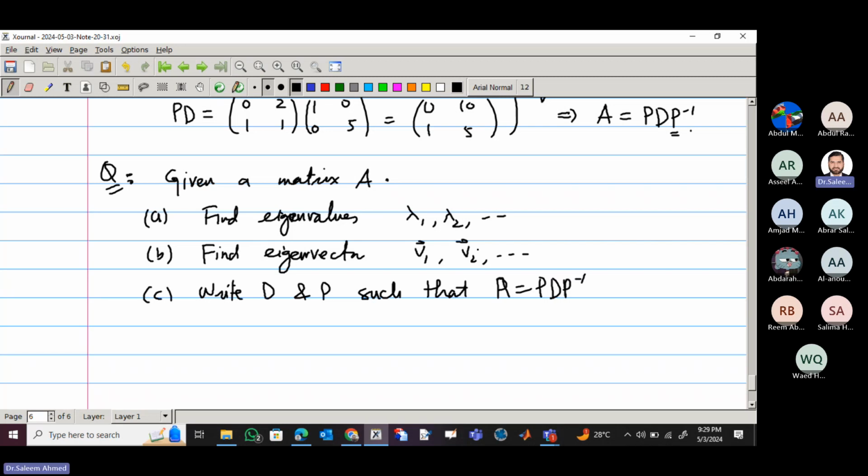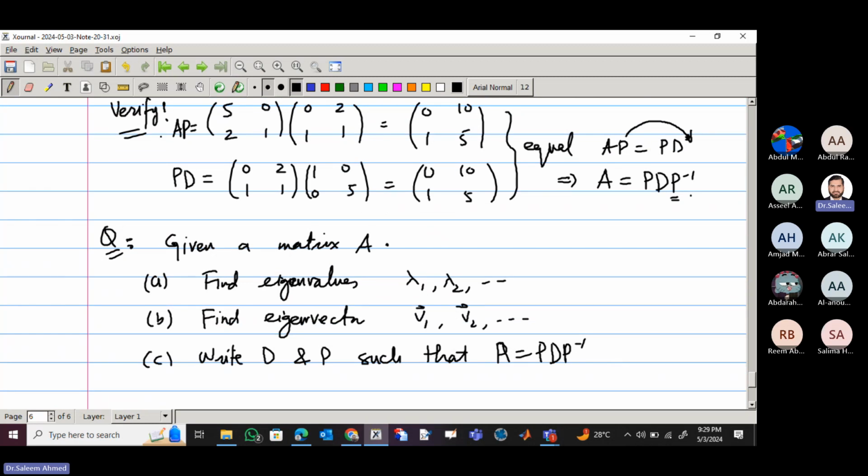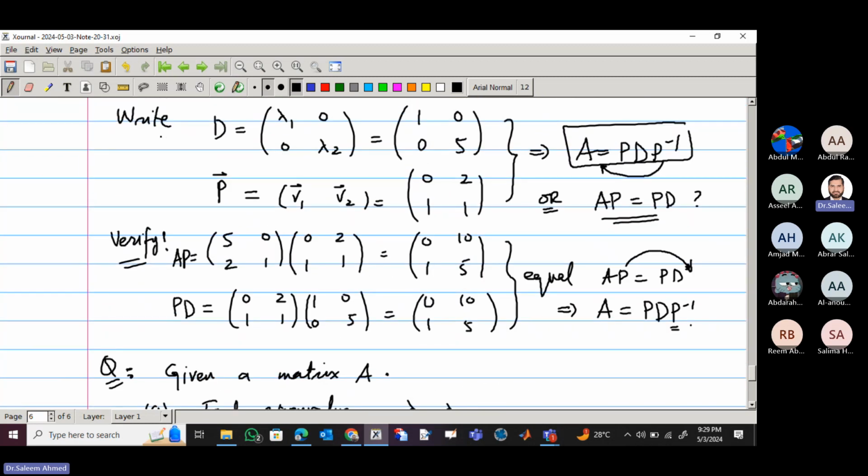So now for part C, you will just do this one. You can write A as, remember, if your first eigenvalue is lambda 1, then you will write your first eigenvector V1. Do not change their location. If you write the second eigenvector here, then use the second eigenvalue here.